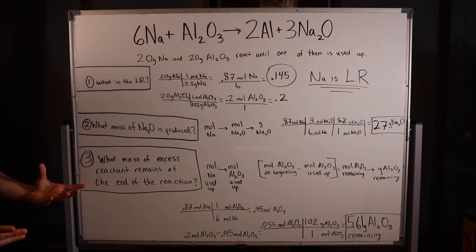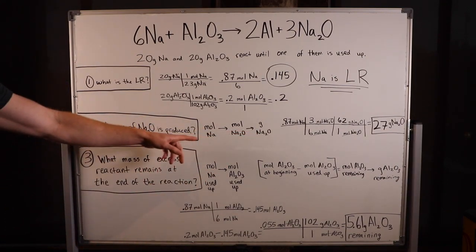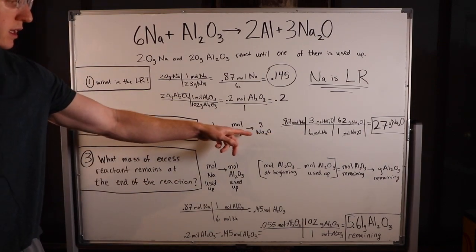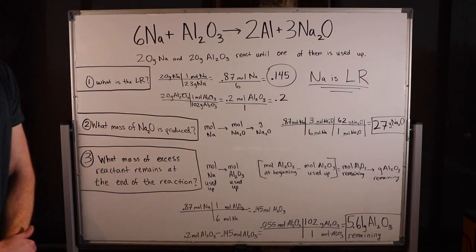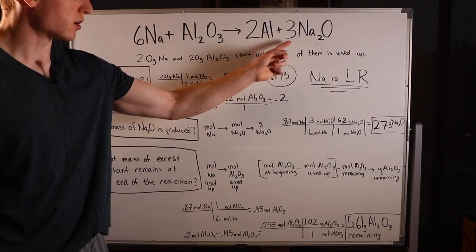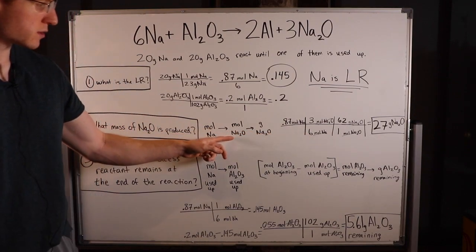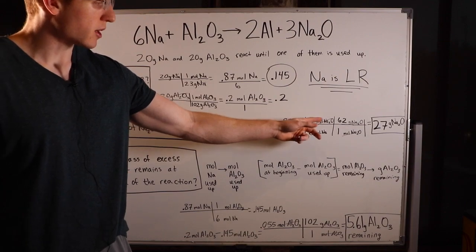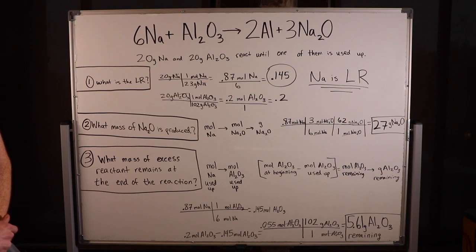And then once we have moles of sodium oxide, they're asking for the mass, so we can simply change that to grams. We start out with 0.87 moles of sodium. To get to moles of sodium oxide, we do this conversion, so we cancel out the moles of sodium on bottom, we're going to moles of sodium oxide on top, and we know that for every 3 moles of sodium oxide, there are 6 moles of sodium. Then, once we're in moles of sodium oxide, we'll go to grams of sodium oxide. So we've got moles of sodium oxide here, we'll cancel that out with these units down here, and go to grams of sodium oxide on top.